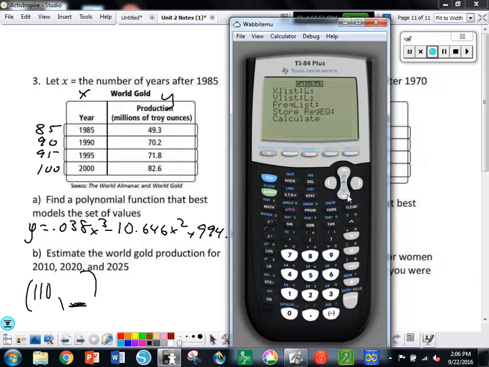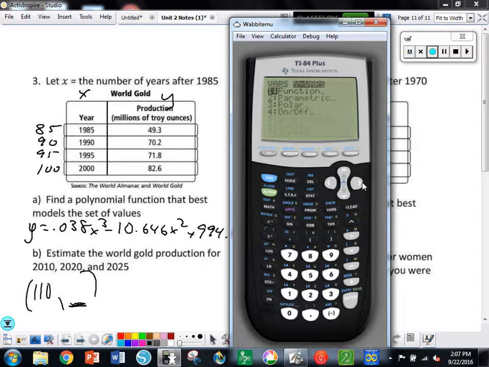Okay, so now the frequently used list, I don't need that. But see where it says store? We're going to store it somewhere. I believe on that thing I made you guys take a picture of, it actually told you how to do it. We're going to go store, and I'm going to come over here and see where it says right below the down button, it says vars for variables. I hit that. Then, see on top it has yvars?